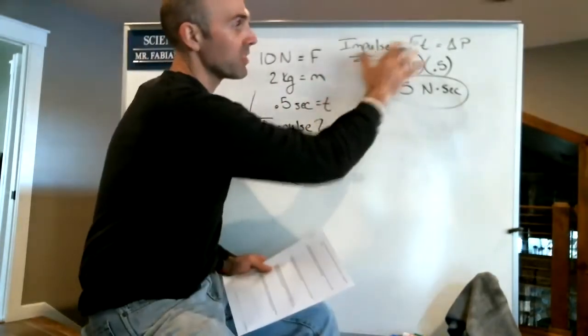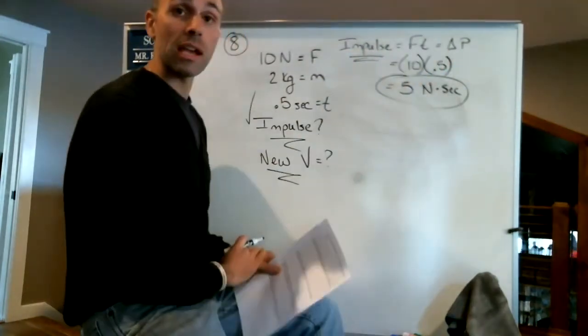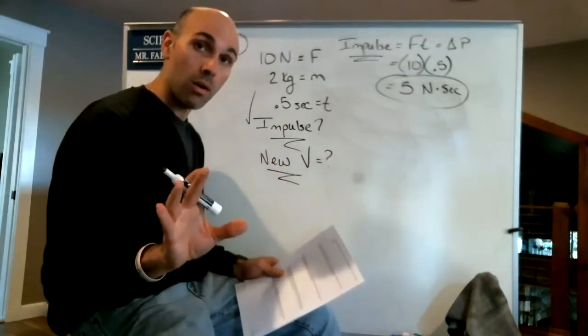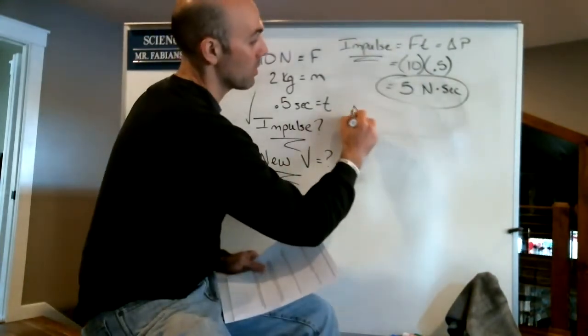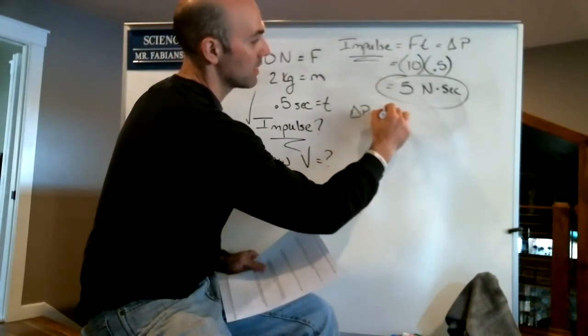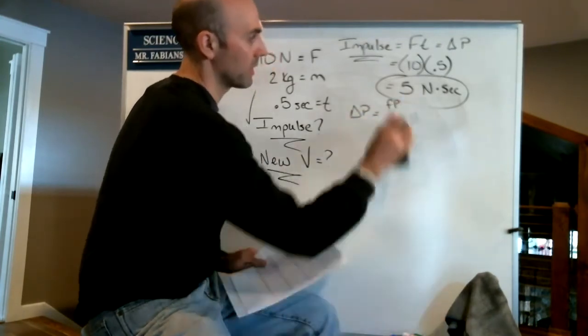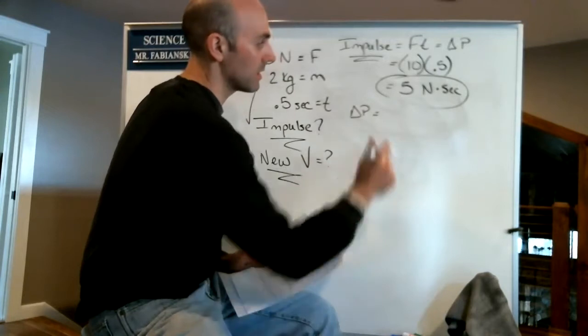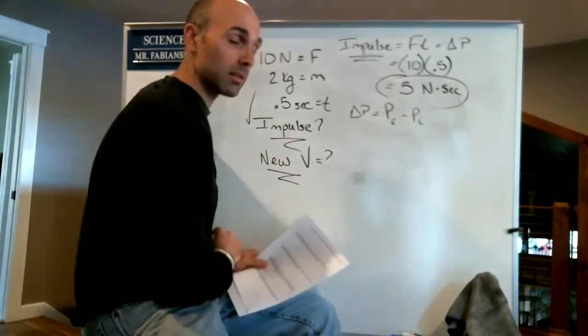All right. We know that impulse is F times t. We also know that impulse is the change in momentum. So let's put all that together. Change in momentum is really the final momentum minus the initial momentum, right?